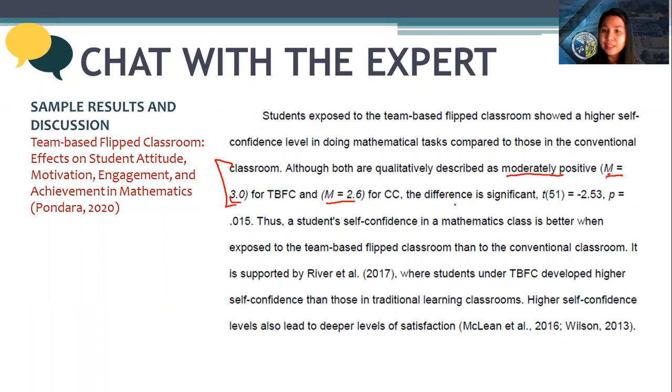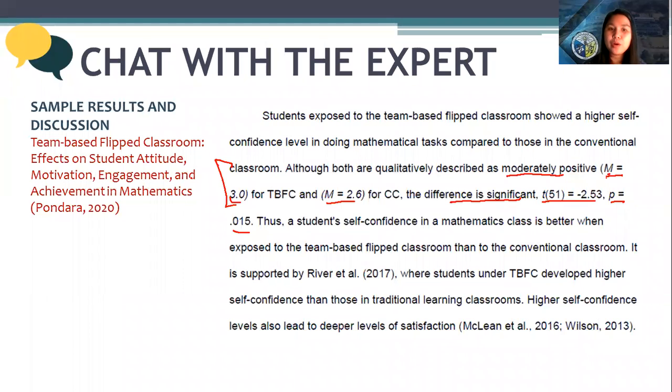Then you say the difference is significant. If you say significant, you back it up with, this is very important, comma, t value, comma, p value. No longer in a sentence. The APA format tells us to just write the symbols.